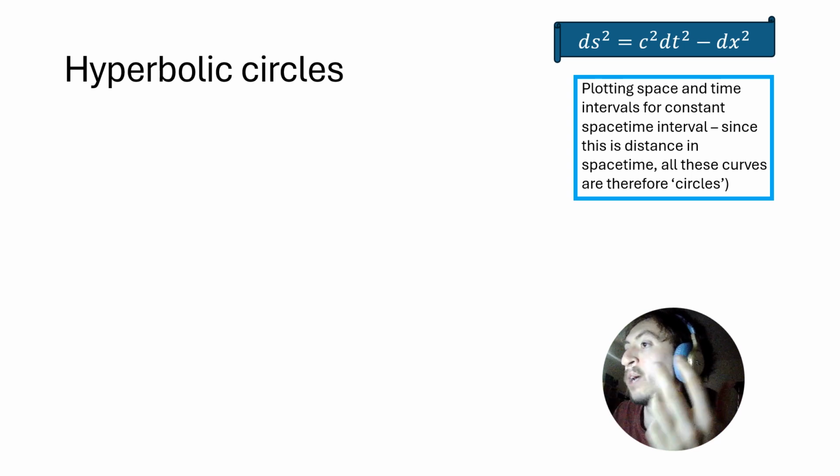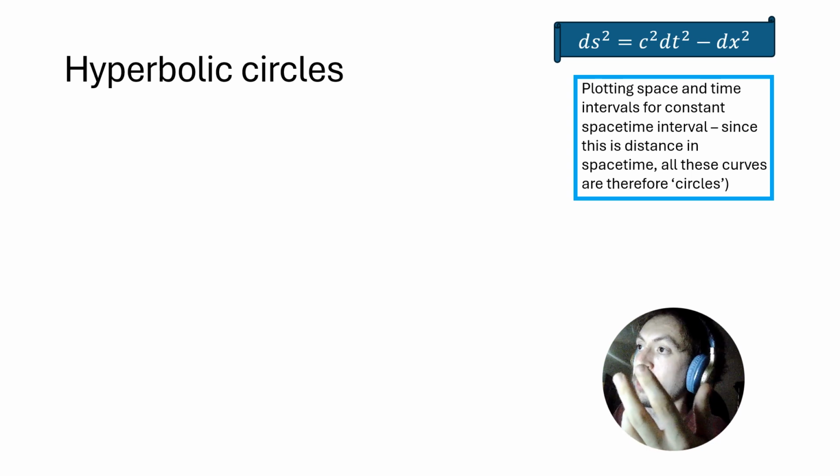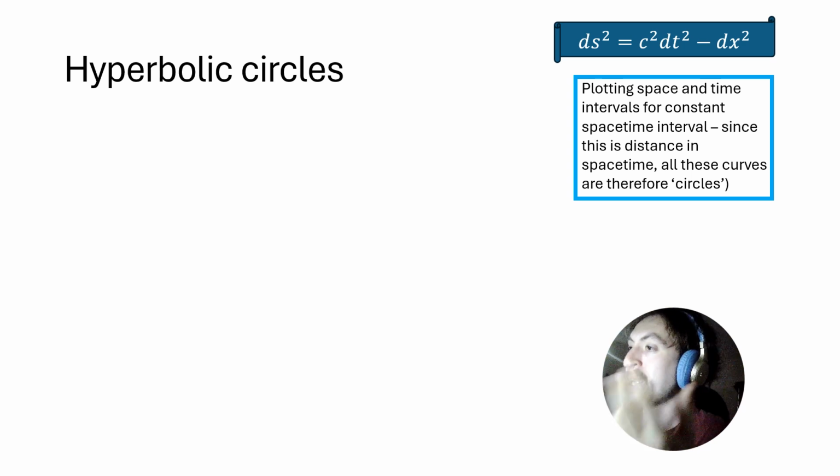So for any space, if we have a notion of how we calculate distance in that space, the circumference of a circle is the set of points for which that distance from the origin is equal to some constant.